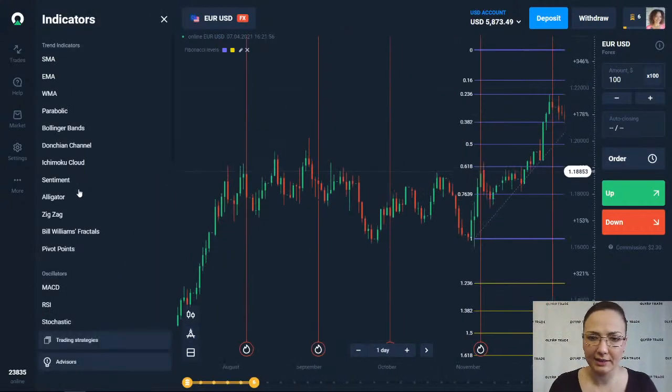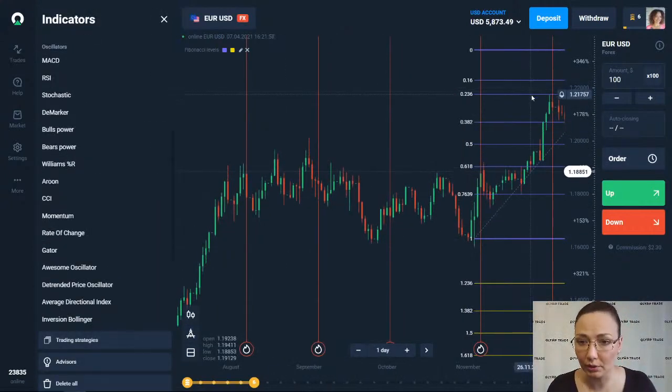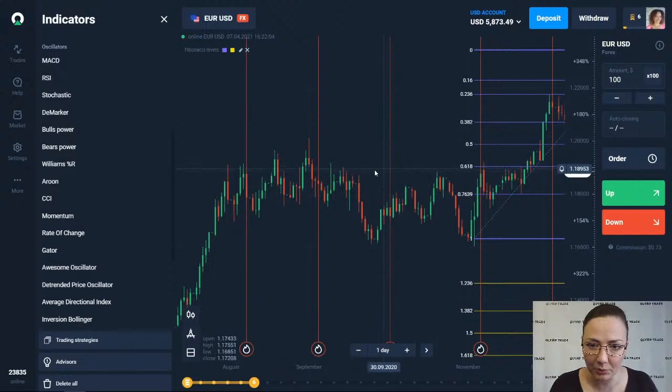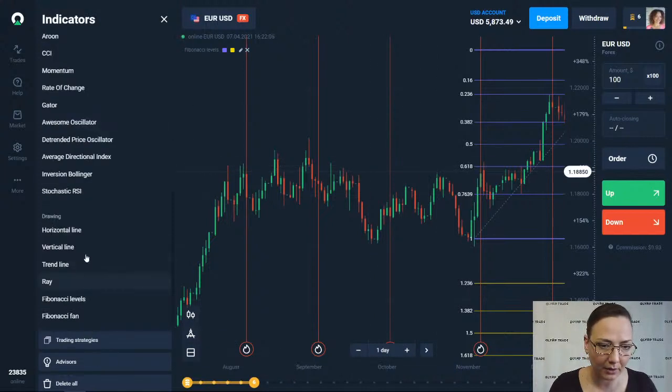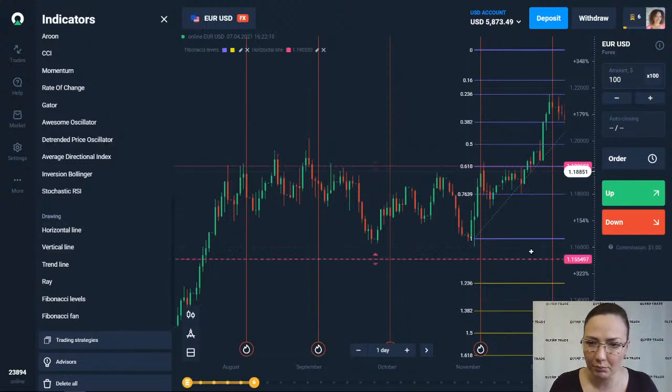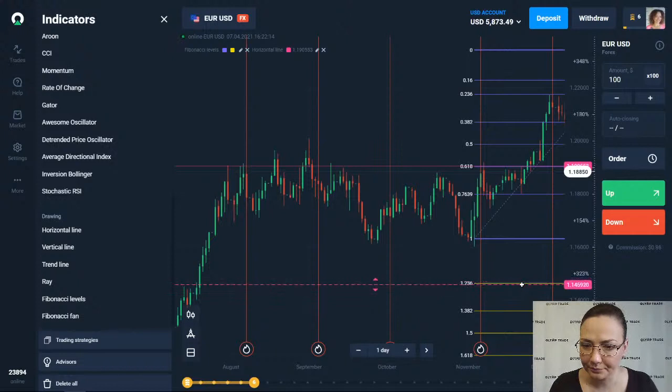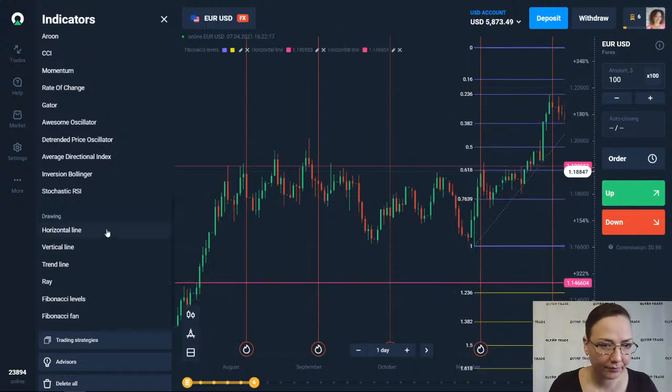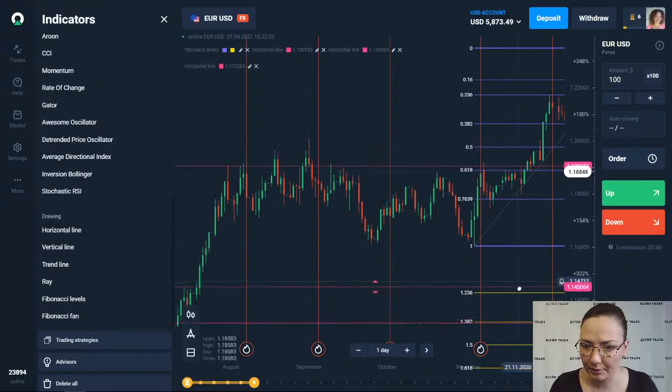Once again, the levels that we look for are 23.6, 38.2, and 50%, as well as the 61.8. Let me go ahead and put on my horizontal line so you can see this a little bit better. 61.8. Let me move this a little bit, just so that I can show you.